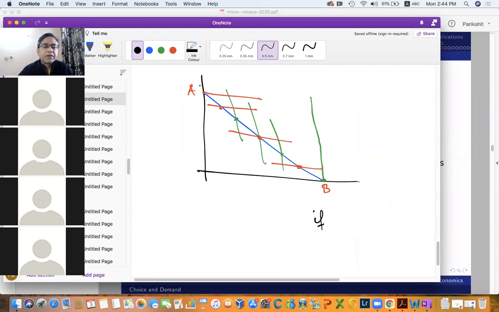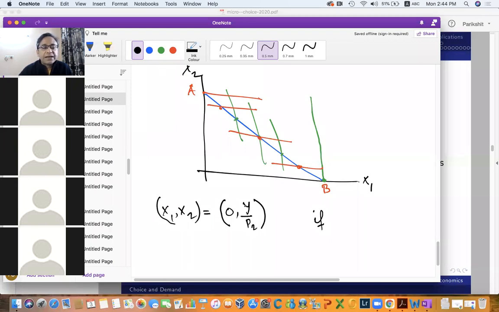At A, what are the values of x1, x2? x1 is obviously 0, and all the money is spent on the other good. So the amount is y divided by p2. These are the demands when the true solution is A.